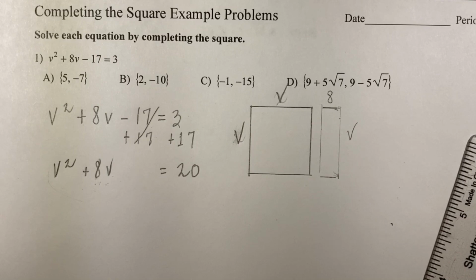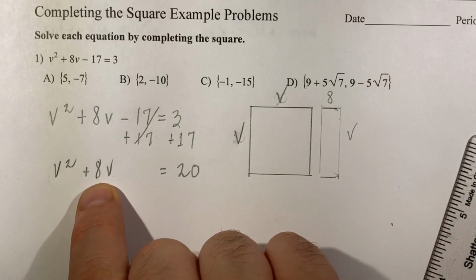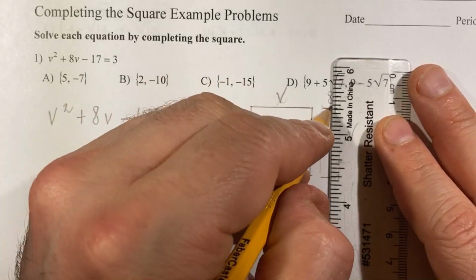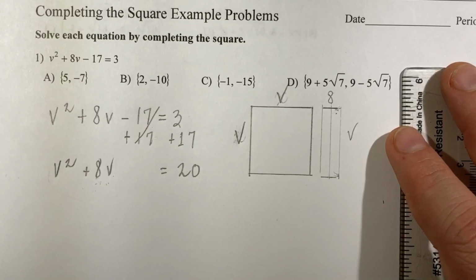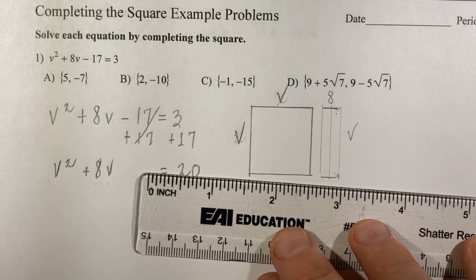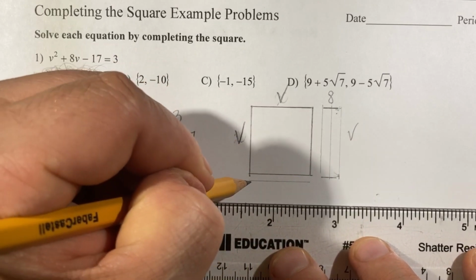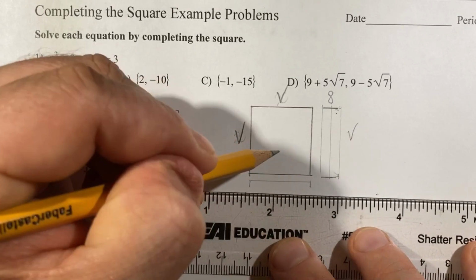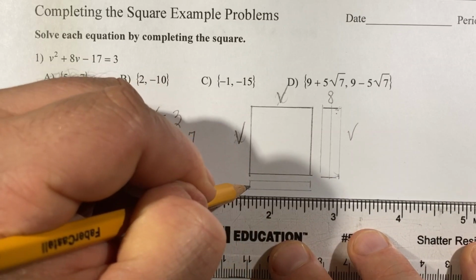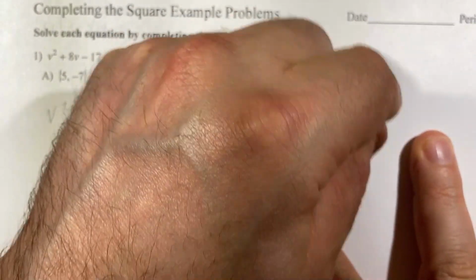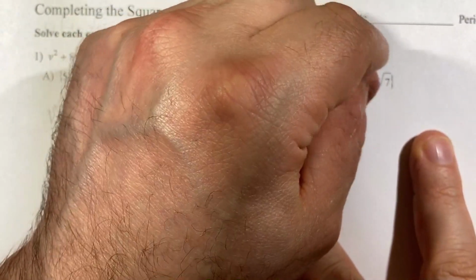And what you're going to do now is take half the middle coefficient. So that's the middle coefficient, that 8. And you're going to take half of it. And so visually what that looks like is you're going to divide that rectangle in half. You're going to clip off the right side, that little sliver, and go paste it down here. So you're going to have two little rectangular slivers, and each one of them is going to have a width of 4 and a length of v.